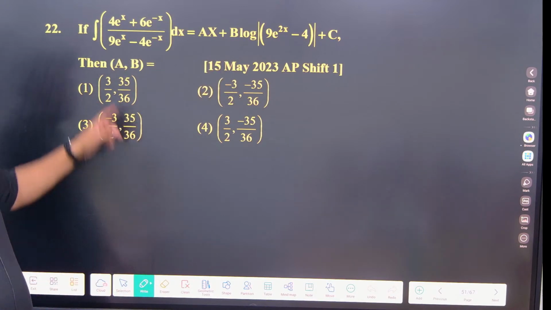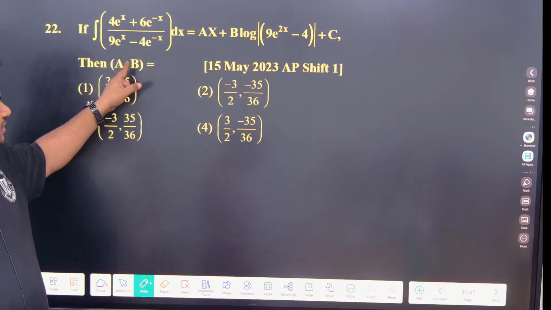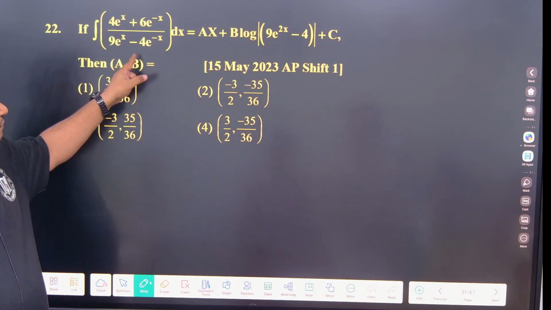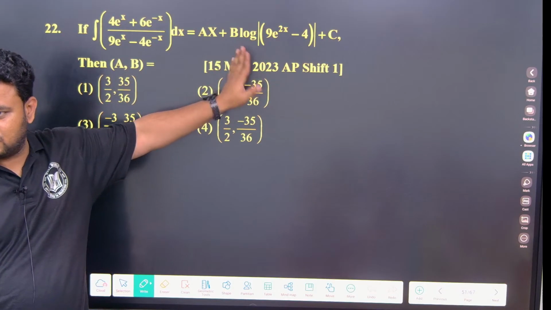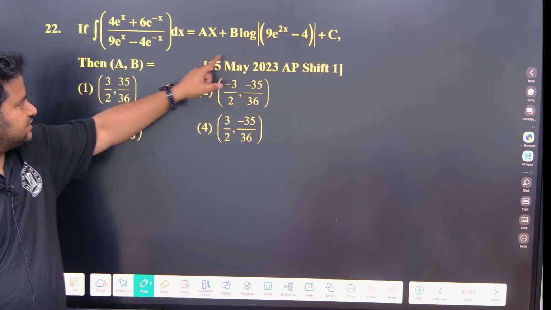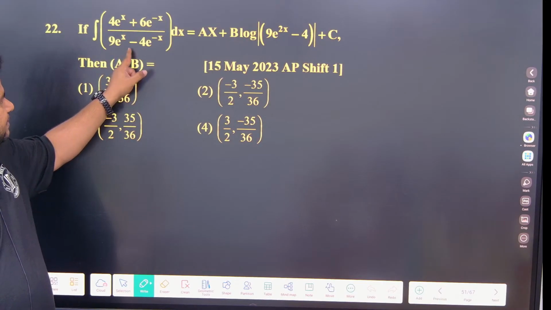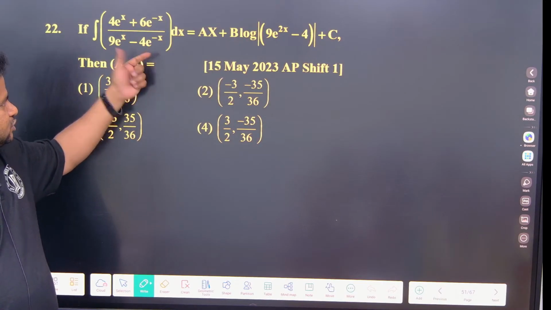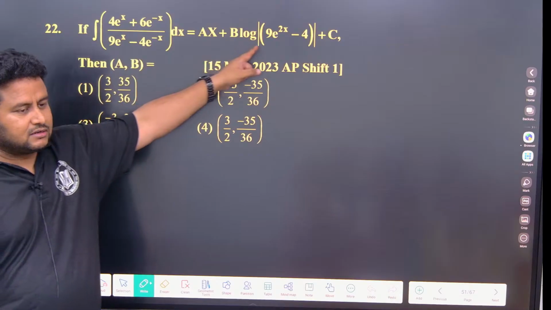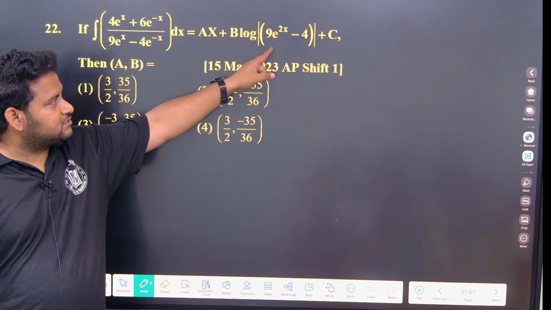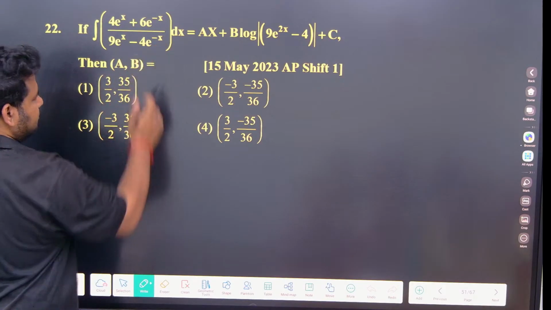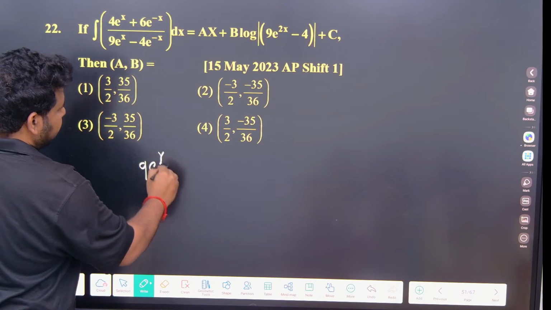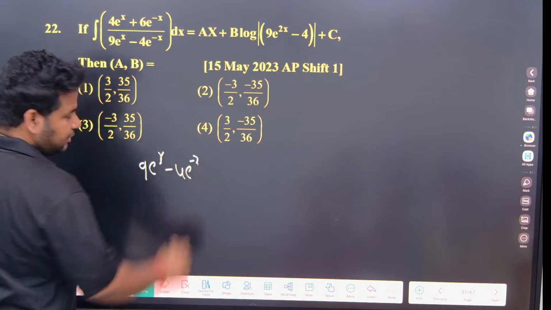Denominator, observe here carefully. What we are having in the denominator? 9 into e power x minus 4 into e power minus x. But here we are having this. You may think it is a printing mistake. No, it is not a printing mistake. 9 into e power x minus 4 into e power minus x should be there, but here they have given 9 into e power 2x minus 4. So what they have done here is, 9 into e power x minus 4 into e power minus x, like you told, is correct.